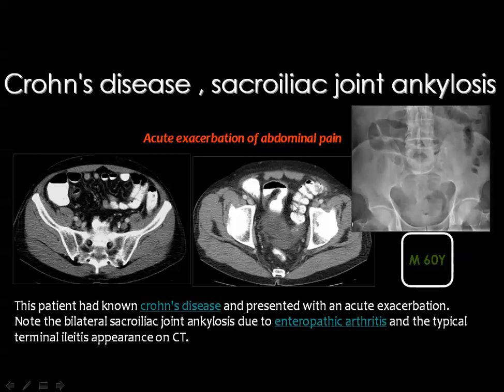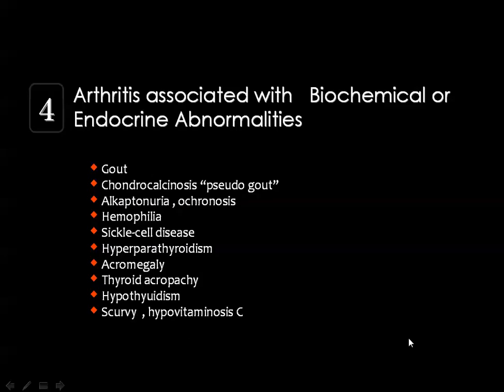This is a case of proved Crohn's disease, and you look to the sacroiliac joints, you can see that the sacroiliac joints are almost totally ankylosed. Then you should relate this sacroiliitis to the gastrointestinal bowel disease.